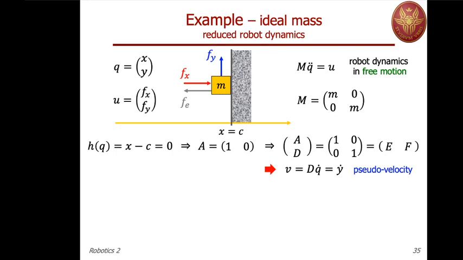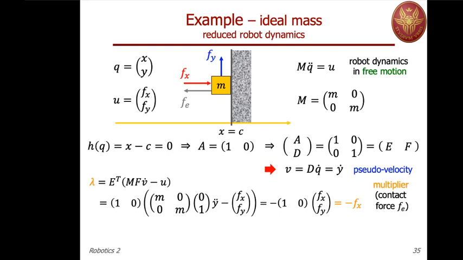So we can move the mass up and down arbitrarily, and this will be described by the reduced dynamics in terms of the pseudo velocity y dot, and of course the pseudo acceleration y double dot only, which are v and v dot by definition. So let's look at the expression of the multiplier first.